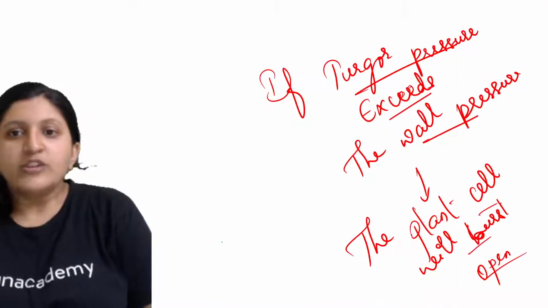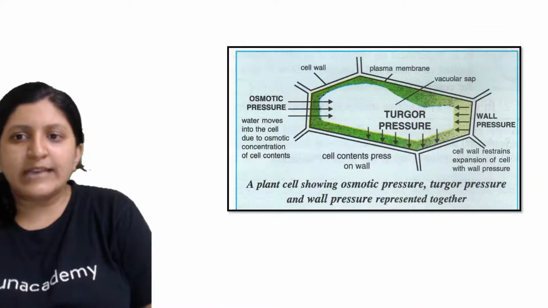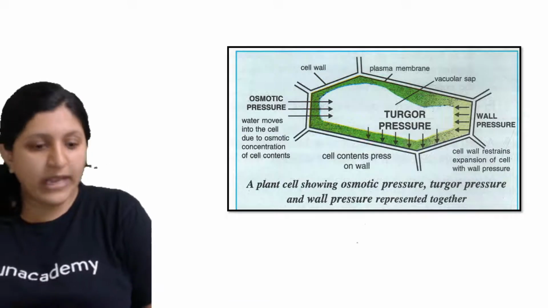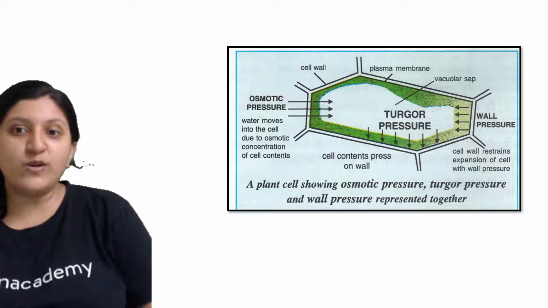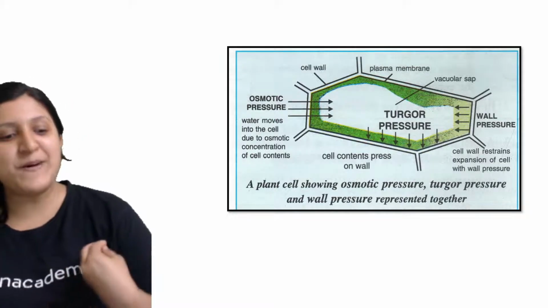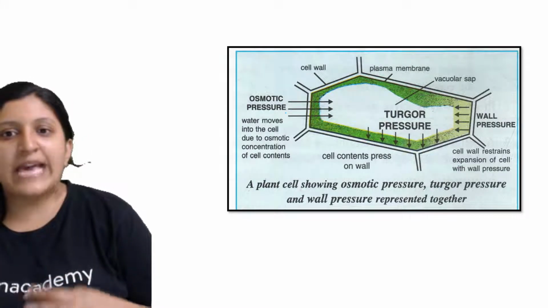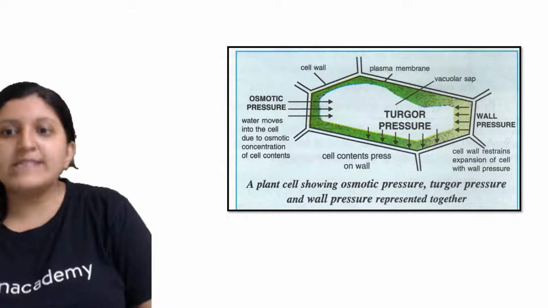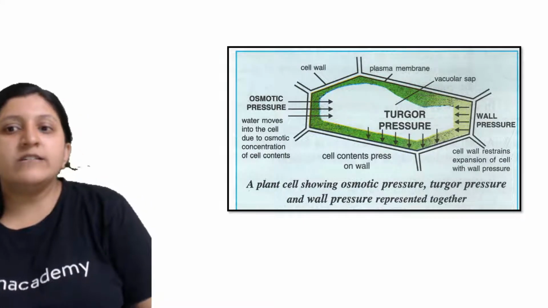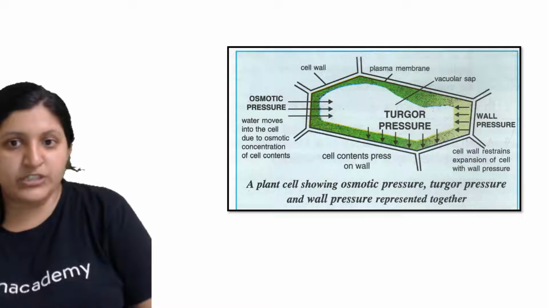All right, so we saw all of this. What exactly is turgor pressure, and what exactly is wall pressure? Osmotic pressure is also maintained. The wall is exerting a pressure, and the cellular content is exerting a pressure, the turgor pressure.